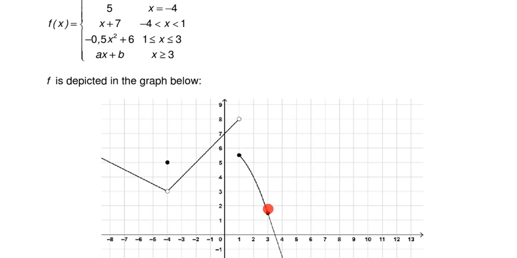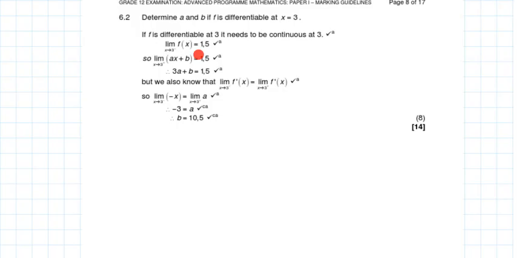To prove this, we will just focus on this part of the function. Since it's differentiable, it must be continuous. So when we substitute 3 into the left and right, they must be equal. And after taking the derivative, when we substitute 3, even then they must be equal. So there are two conditions we will check. When we substitute 3 into the left and right of the original function, they must be equal.